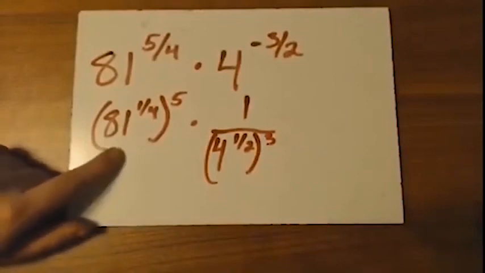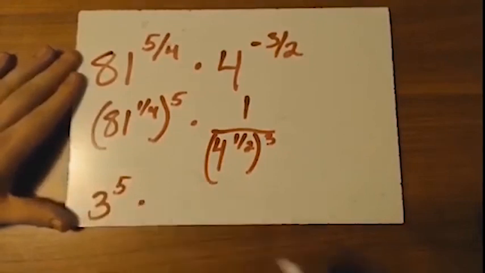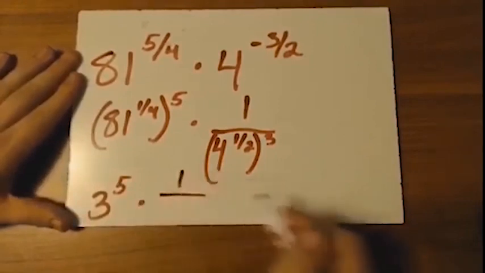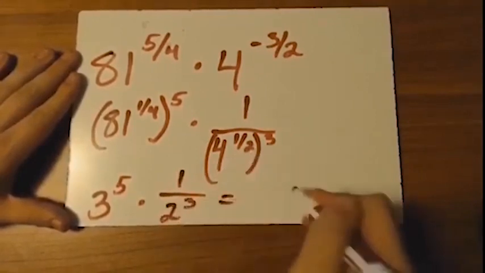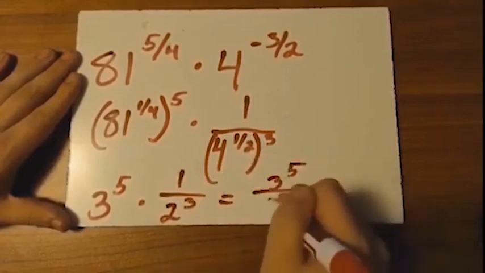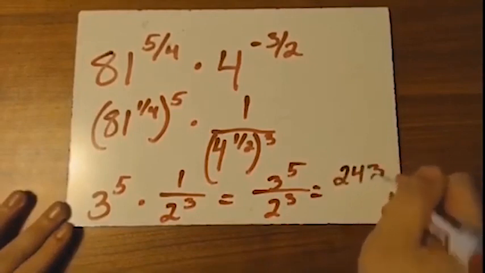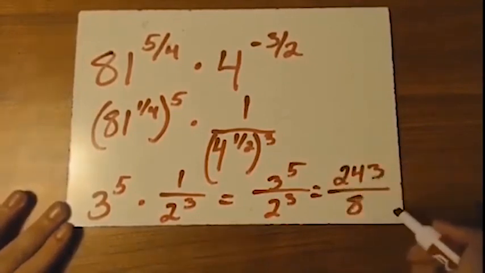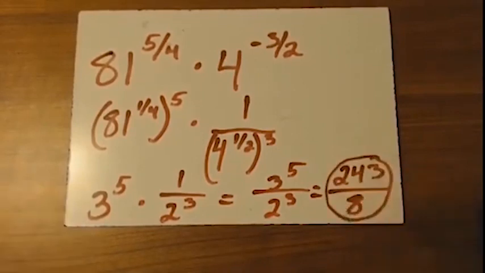The 4th root of 81 is 3, so this is 3 to the 5th times 1 over, this is 2 cubed, so 3 to the 5th over 2 cubed, and 3 to the 5th power is 243. 2 cubed is 8. So 243 over 8.